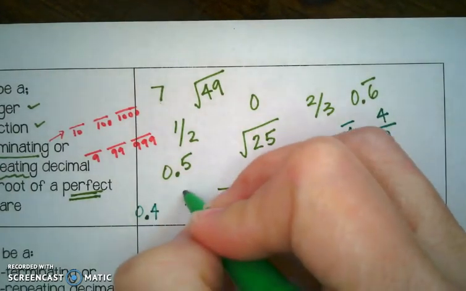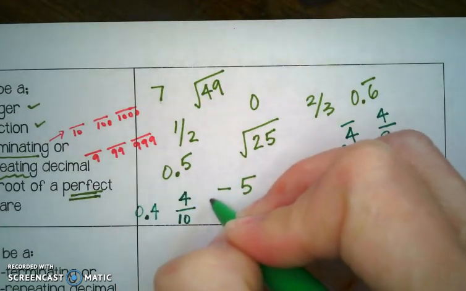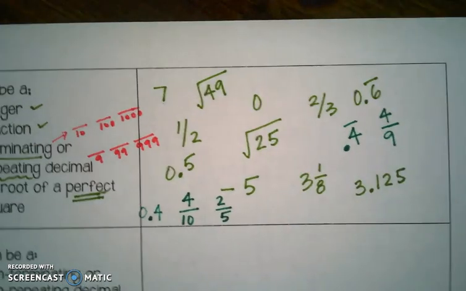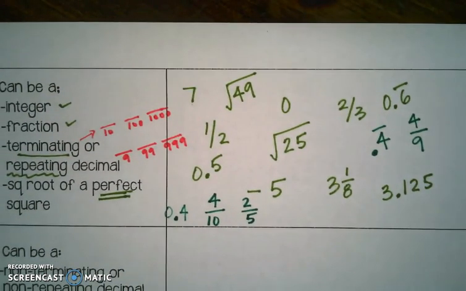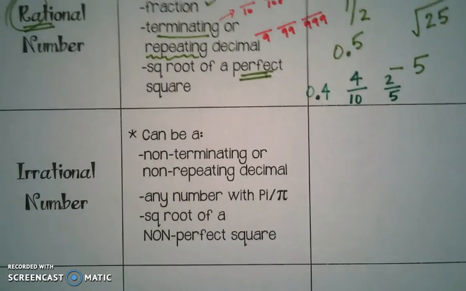But as a fraction, that would be 4/10, which then we could reduce by 2 to be 2/5. So I think the hardest part of this is remembering that repeated decimals are okay because they do end up to be fractions.